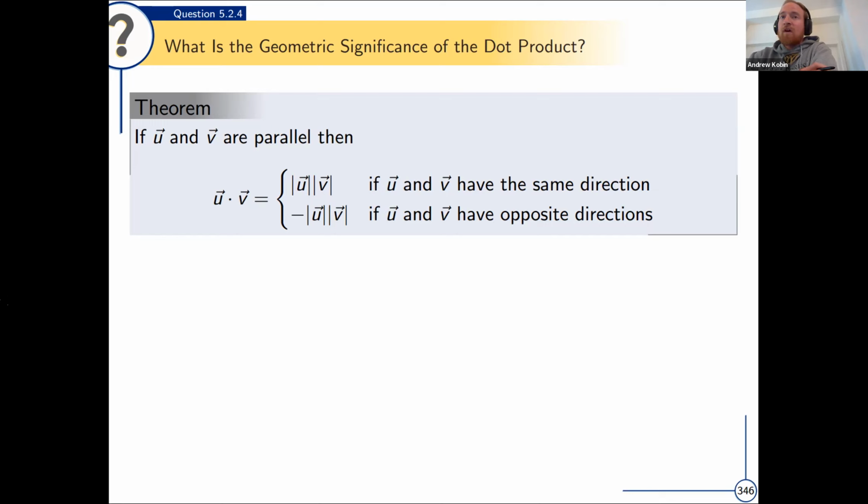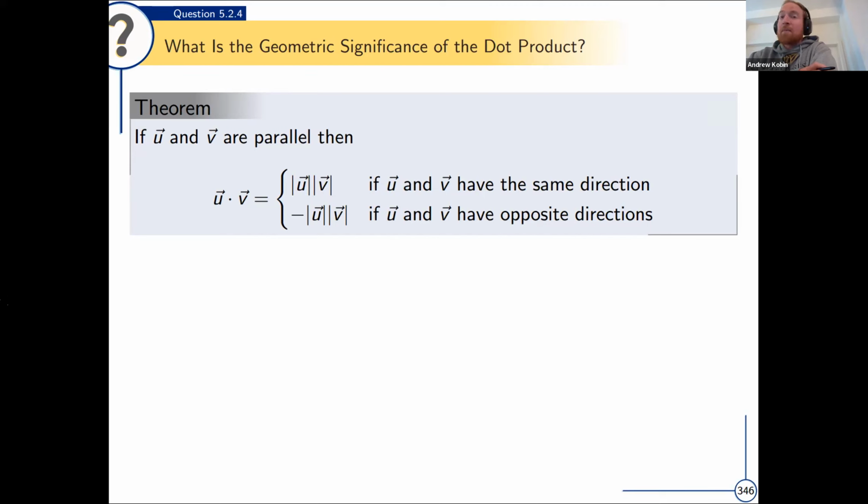So the dot product will always be either the length of u times the length of v, or negative the length of u times the length of v. And if it's the positive or negative product of those lengths, those two cases tell you exactly which directions the vectors are pointing with respect to each other. So this theorem tells you everything in that case about the geometric relation between the two vectors.